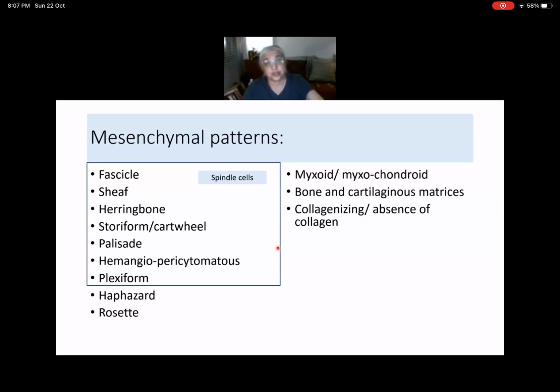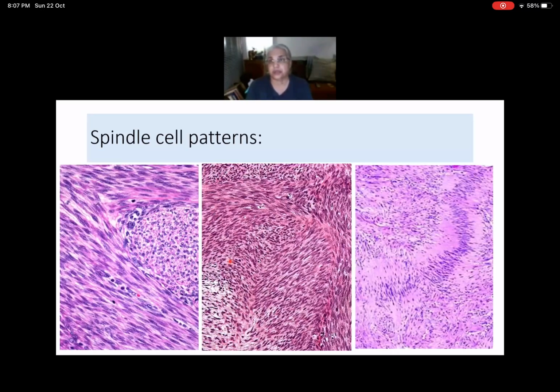Stellate cells will be there in haphazard patterns, not in rosettes. They can be in areas where there is myxochondroid, bone, cartilaginous tissue, etc. But when you have spindle cells alone, you can get one or other of these patterns. And here we have 3 patterns that I'm showing you.